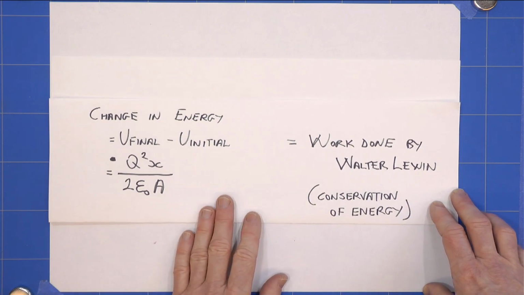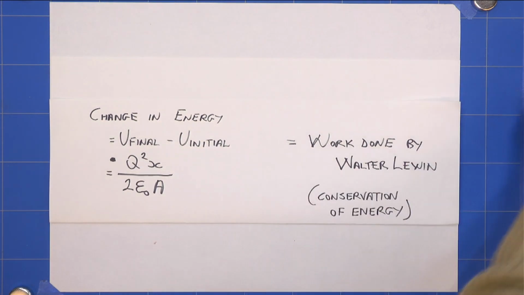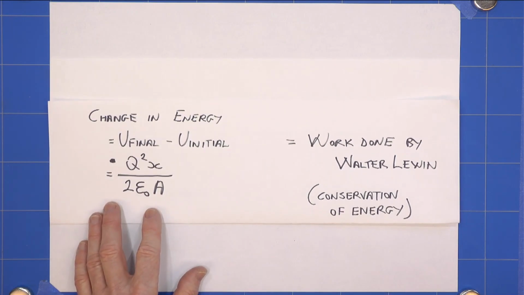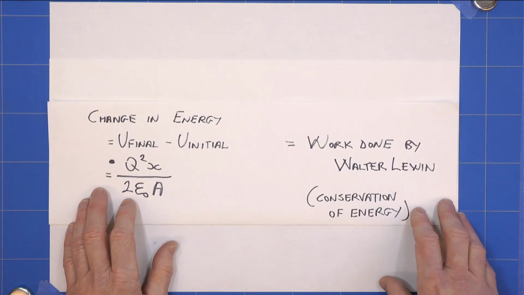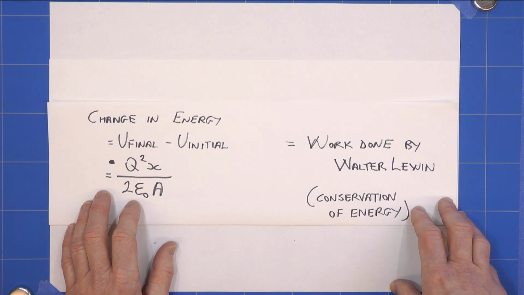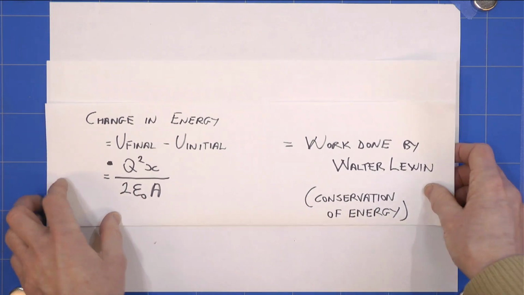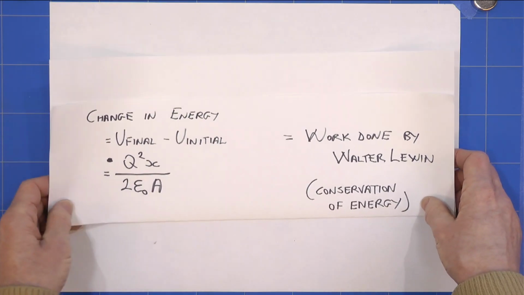The energy's got to come from somewhere, and only Walter Lewin on this occasion is going to provide it. So they're the same thing. Work done by Walter Lewin is the same as the change in energy, and he's had to do work. The energy has increased, so he's had to put work in, Q squared x over 2 epsilon naught A.